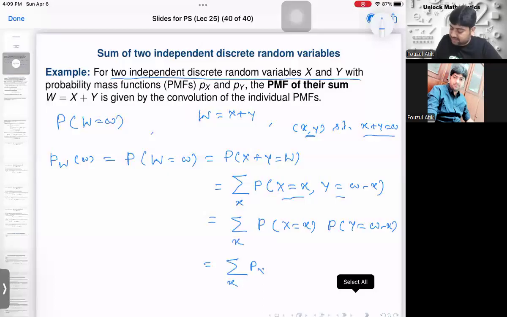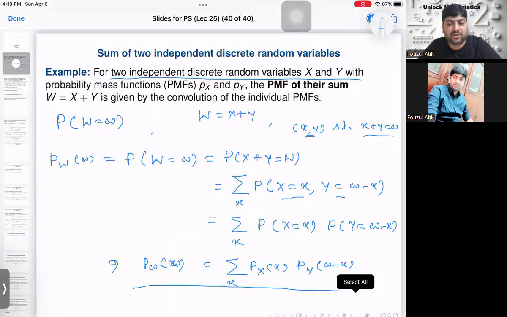So we can write it as p of x times p of y of w minus x. Right? So this result we got is the probability mass function of w, which is the sum of x plus y. This property is known as the discrete convolution of the marginal PMFs Px and Py, right? We are going to use this in some other examples.